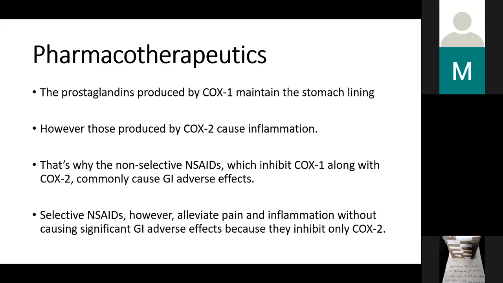So the pharmacotherapeutics, like I said: the prostaglandins produced by COX-1 maintain the stomach lining, and those produced by COX-2 cause inflammation. And this is why the non-selective NSAIDs will inhibit both COX-1 and 2 and cause GI side effects.